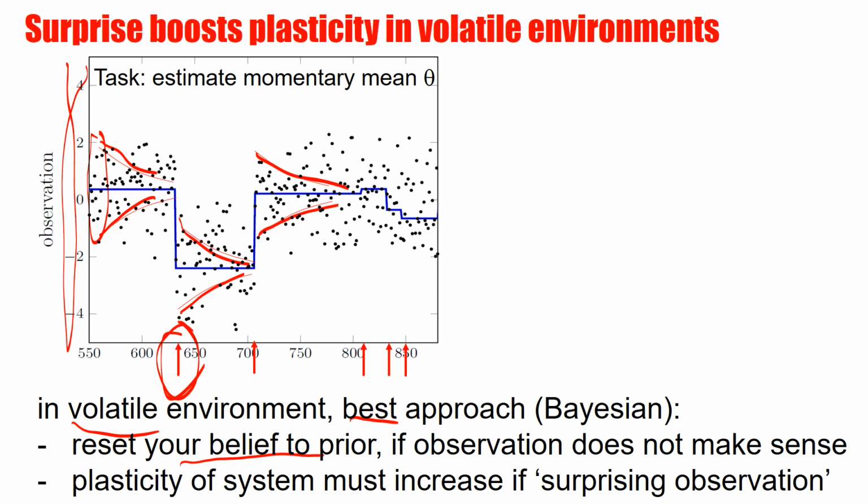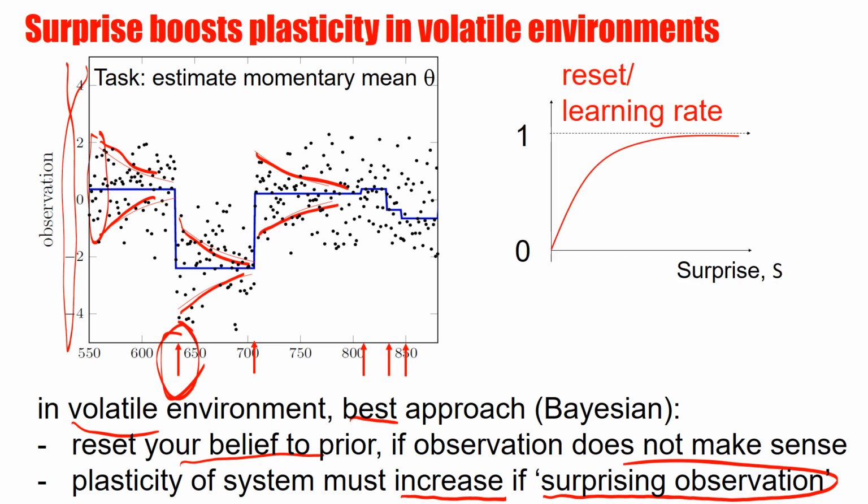Now throwing away the old model means the plasticity of the system must increase if you have this surprising observation, and the surprising observation is caused by a change point. So the plasticity of the system must increase. Another way to say this is we have to implement a reset by increasing the learning rate.